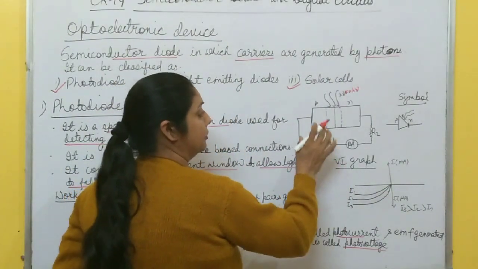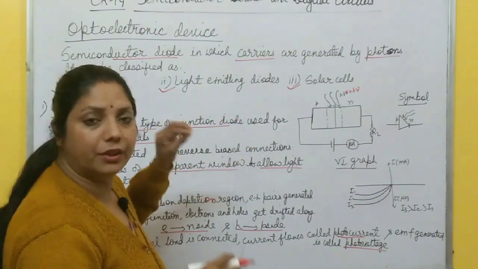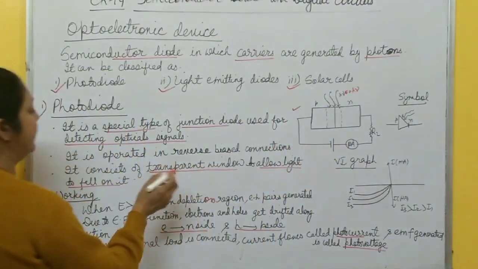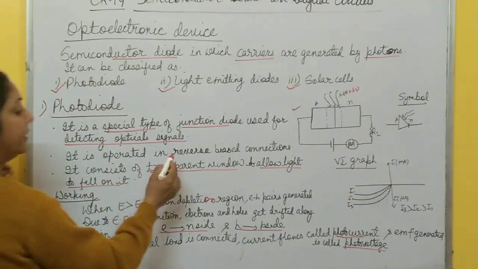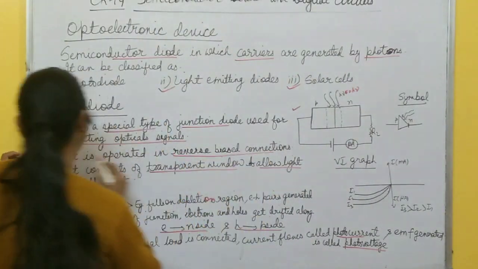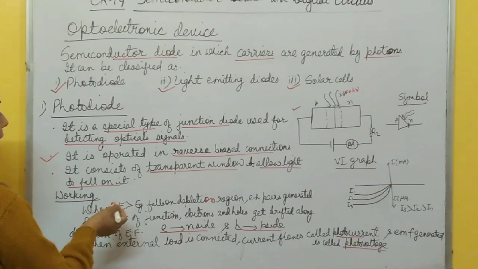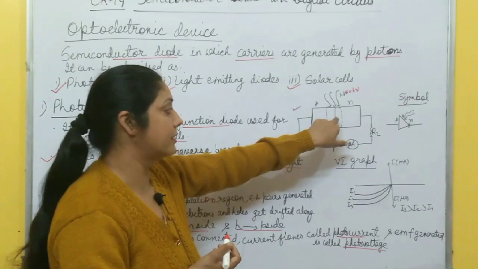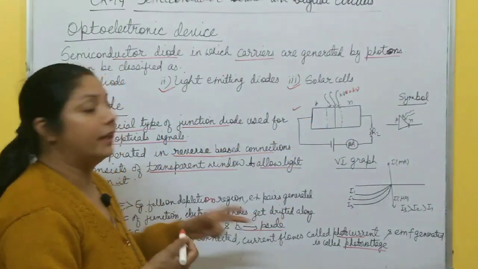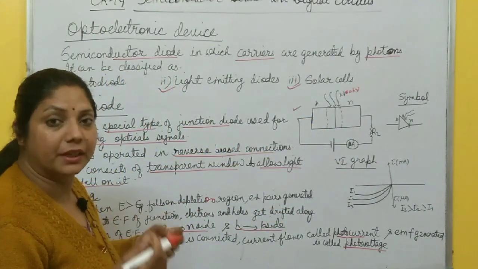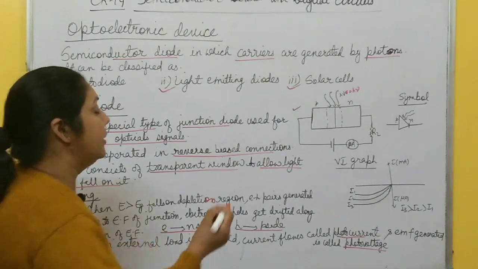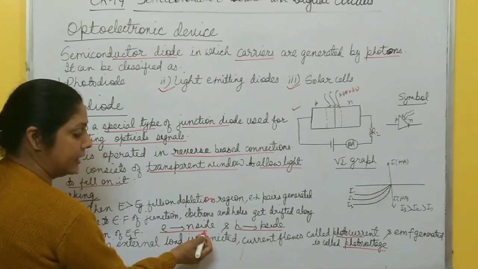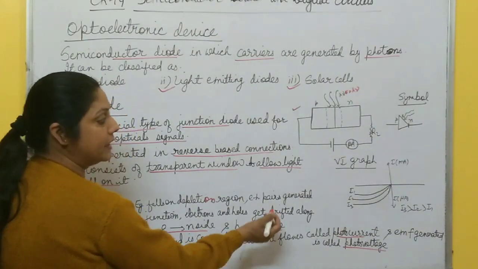So there are just 2 or 3 key points which you have to remember. Just draw the circuit diagram and symbol, and write that it is operated in reverse bias condition. This point is also very important. And when energy greater than the band gap falls on this depletion region, then electron-hole pairs are generated due to breaking of covalent bonds, and due to this junction field electrons move towards the n side and holes move towards the p side.